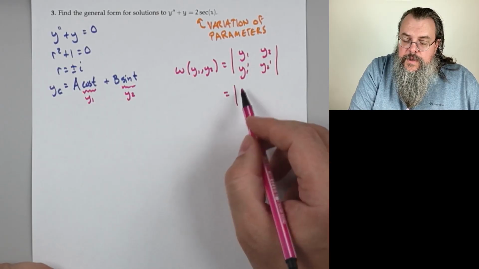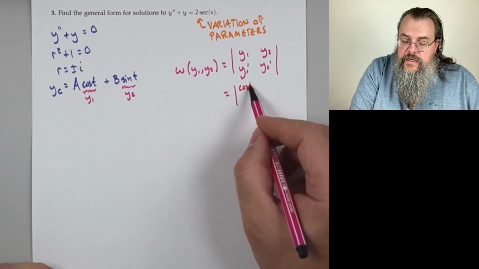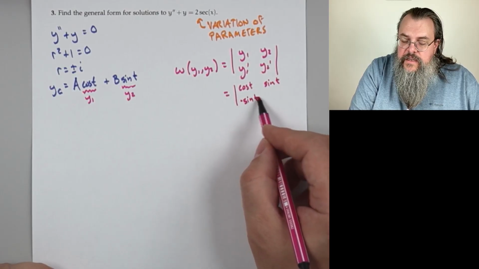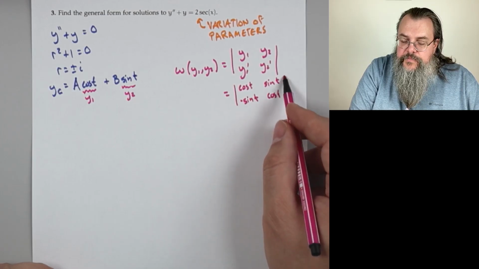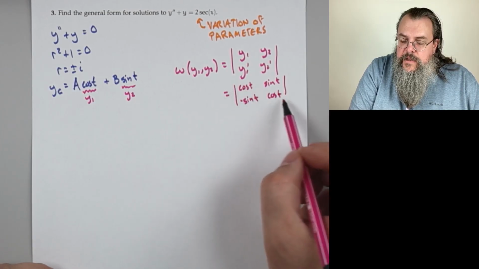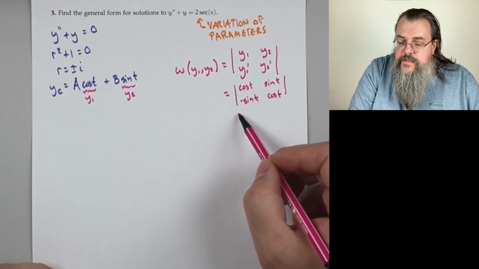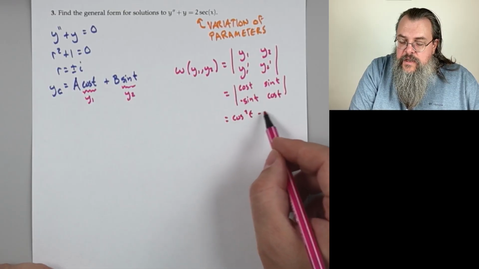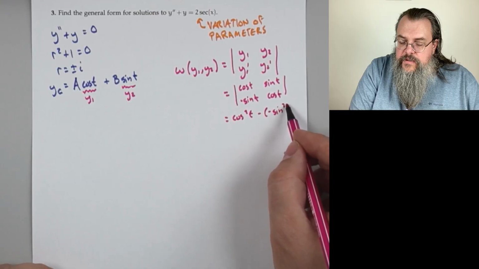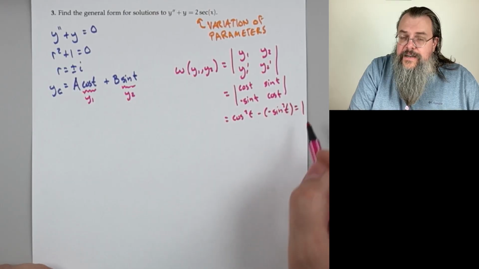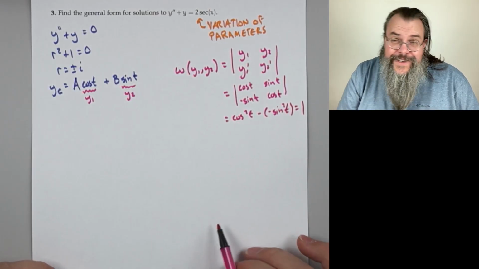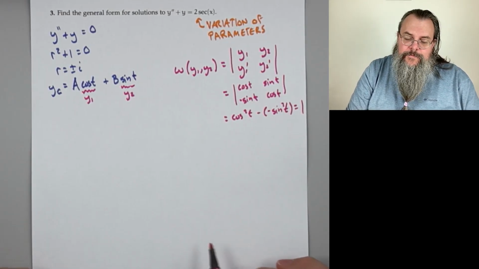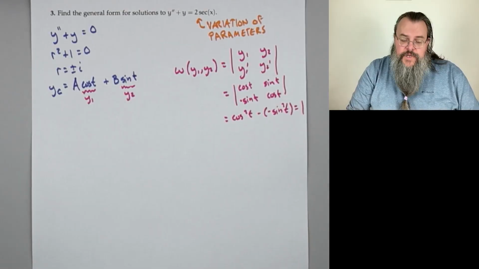So we would have cosine, sine, negative sine, cosine. Take the cosine squared, subtract negative sine squared. And what do we see? Aha! Nice Wronskian. That is a very, very nice Wronskian. I like that Wronskian.